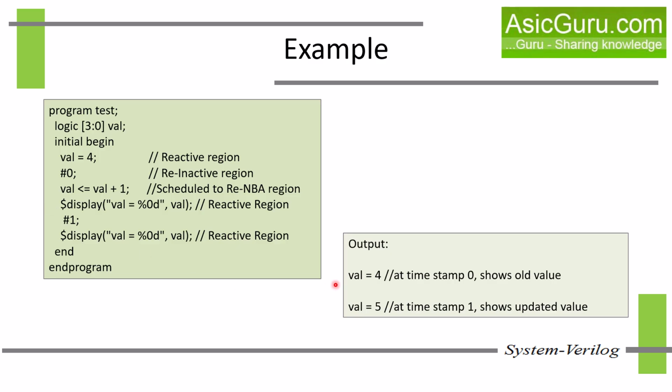You can see the output val equals 4 at timestamp 0. Then the inactive region comes and this statement would execute, and in the NBA region, this value of val would be updated to 5. Then in the next timestamp, this $display statement would execute in the reactive region, and now it would display the updated value, that is 5 at timestamp 1.